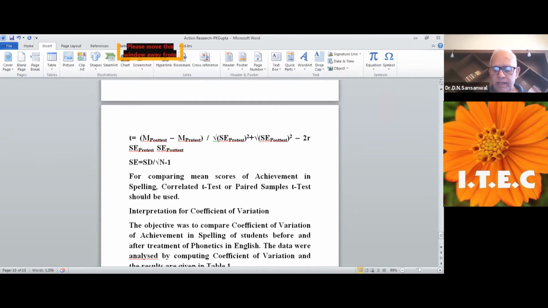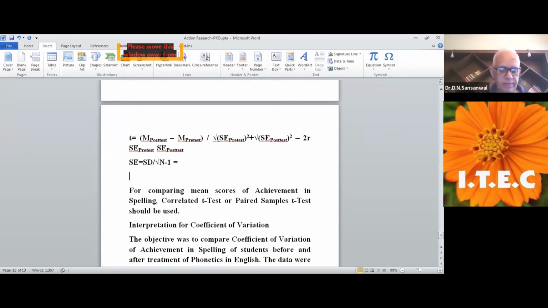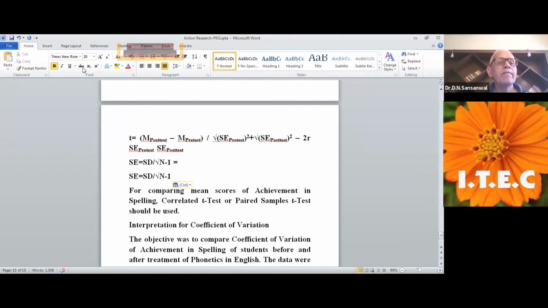So if you want SE for pre-test, it is equal to the standard deviation of the pre-test divided by the square root of n minus 1.